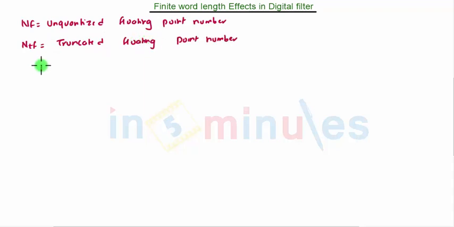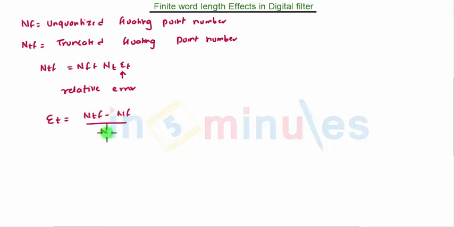So we can say that NTF, that is truncated floating point number, is equivalent to NF plus NF into eta t. Here this term represents relative error. The relative error due to truncation is represented as NTF minus NF divided by NF.